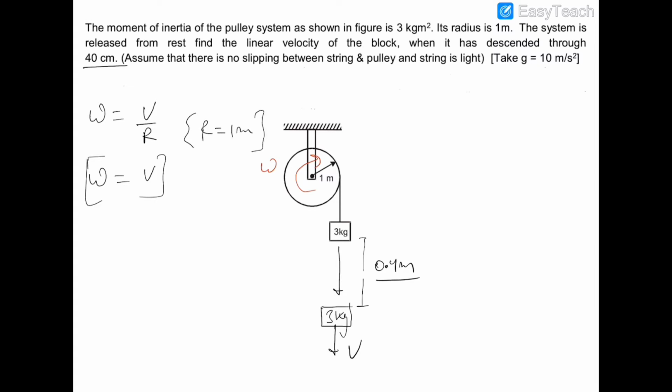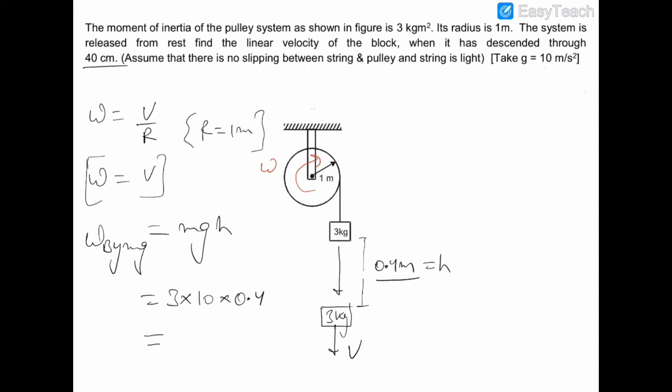So the work done by mg on this block of 3 kg would be mgh, where h is 0.4 meter. So m is 3, g is 10, and h is given as 0.4.